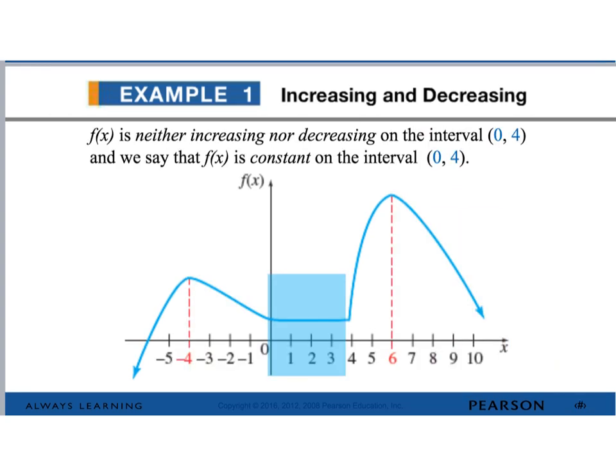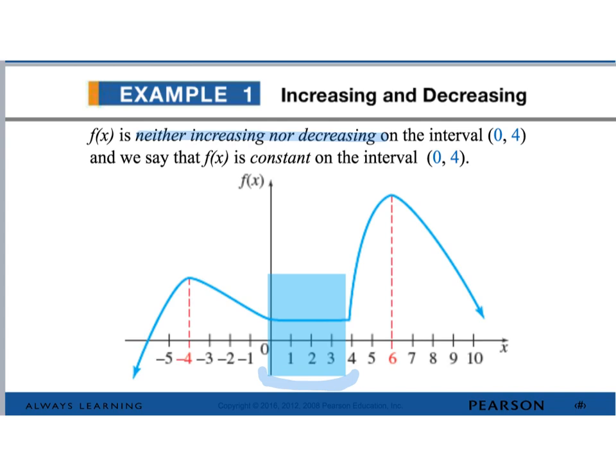And even though we have not particularly defined this term, we also see that f of x is neither increasing nor decreasing on the interval that goes from 0 to 4. It remains constant.